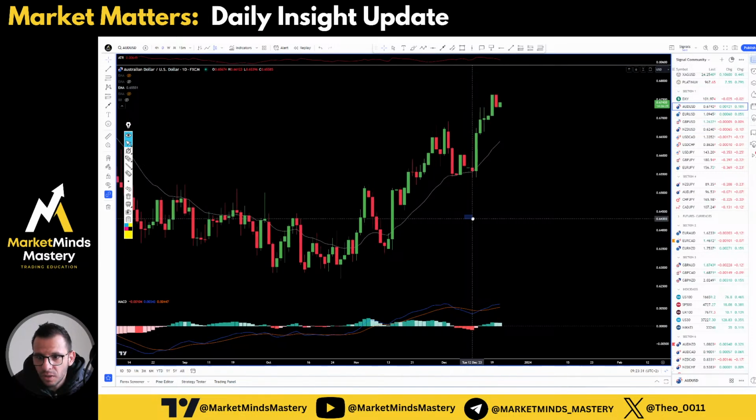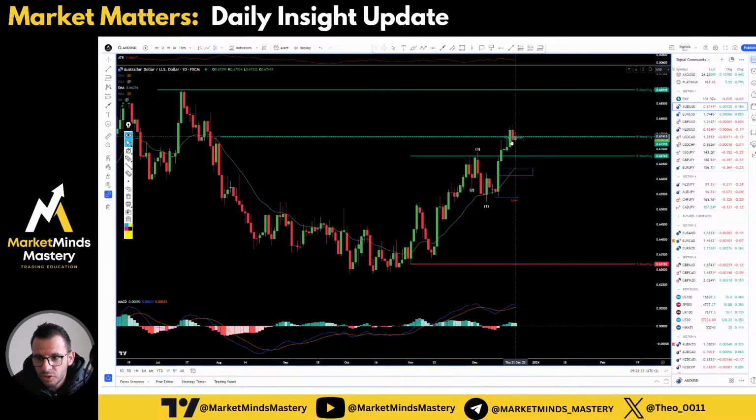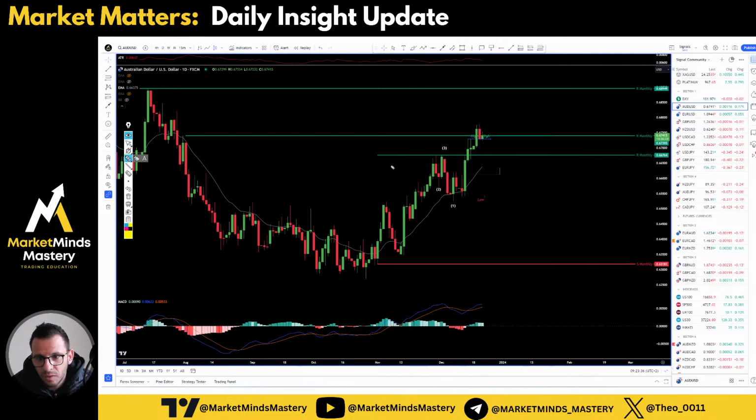Australian dollar, US dollar. The Australian dollar is quite strong. Price makes a directional move to the upside, with higher highs and higher lows. I don't expect you to know, but I have explained many times that commodities like gold and other commodities and commodity currency pairs are fairly bullish during December, and it can go until February.